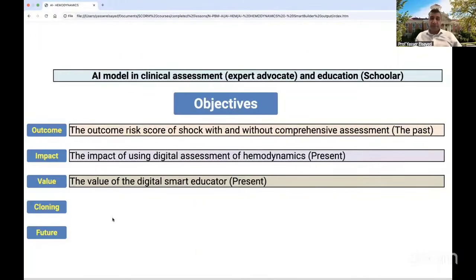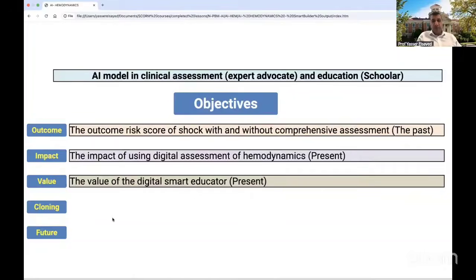You don't have to have the presenter with you, and you can do it yourself at your own pace, and it will give you feedback immediately. The educator will give you feedback and will teach you step by step how to evaluate and how to understand the physiology and the most difficult aspects, not only in hemodynamics and neonatology, pediatrics, or anything that you can imagine.